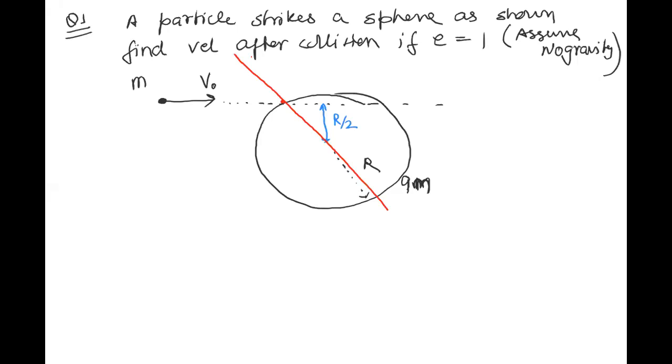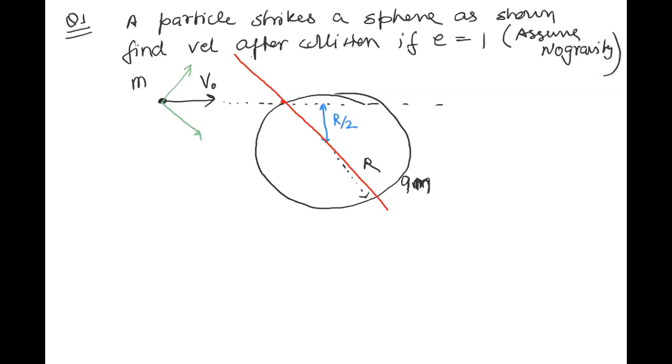So now what you do is you find the components of the velocity along and perpendicular to the line of impact. The sphere is stationary, so we don't have to worry about its velocity components.